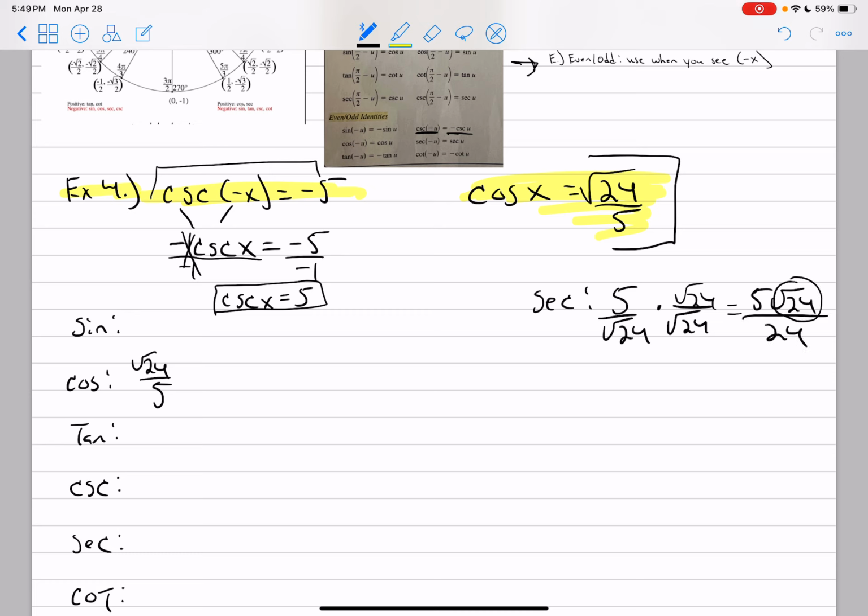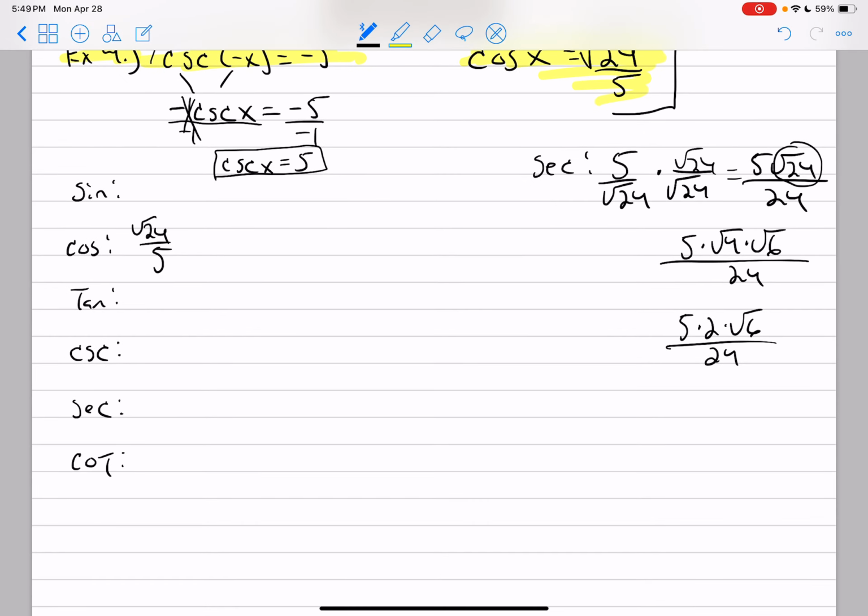I can simplify that: 5 times root 4 times root 6 over 24, which is 5 times 2 times root 6 over 24, which is 10 root 6 over 24.